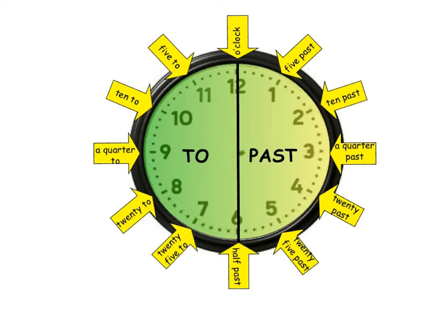Now, this is where it gets a little bit trickier, because as soon as we pass the 6 and we're coming past the 7, 8, 9, 10, 11, back up to the 12, we are now on the, which side? The left. So rather than saying past, we now say to. Here, at the 7, and you can read it, it says 25 to.